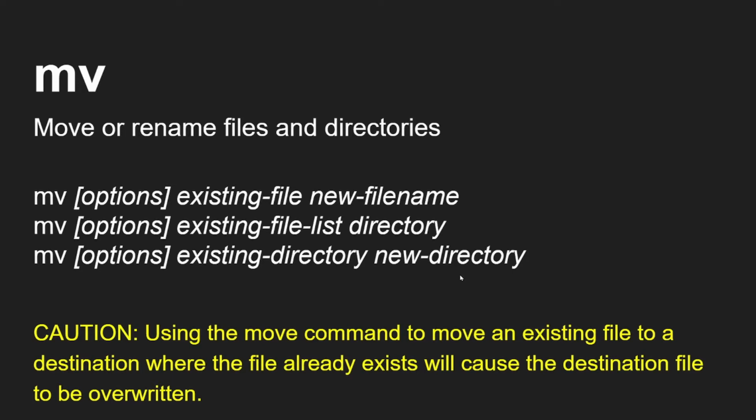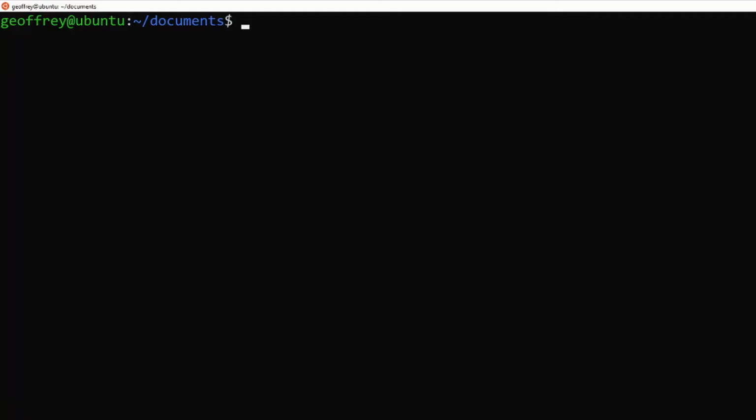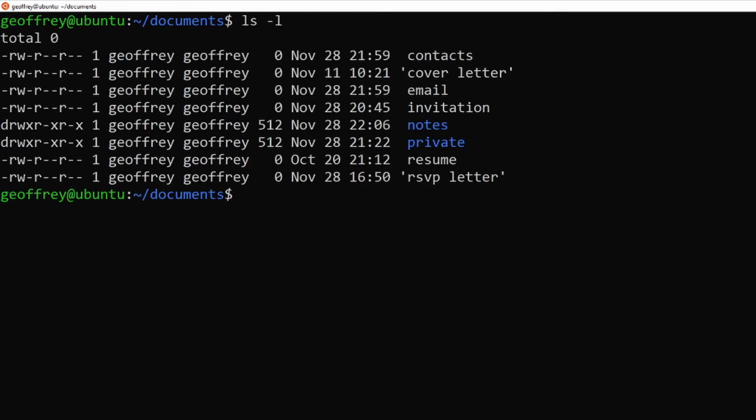First, let's see a simple example of how the move command can be used to rename a file. Right now, my working directory is documents. If we list the contents of the documents directory with ls -l, we can see that it contains several files and a couple of directories called notes and private.